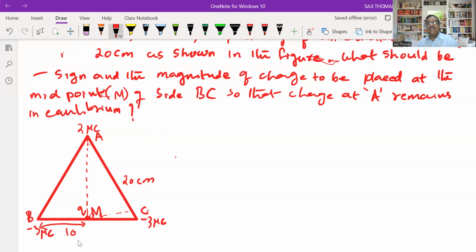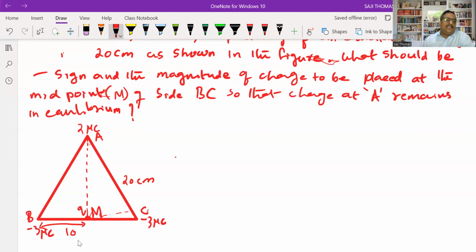For the charge at A to be in equilibrium, the net force on A must be 0. So we have to apply the superposition principle, find the net total force on A, and equate it to 0. Then you can find this small q.